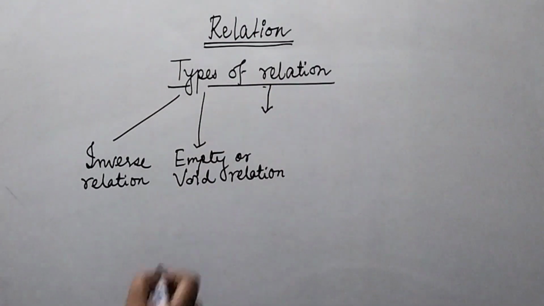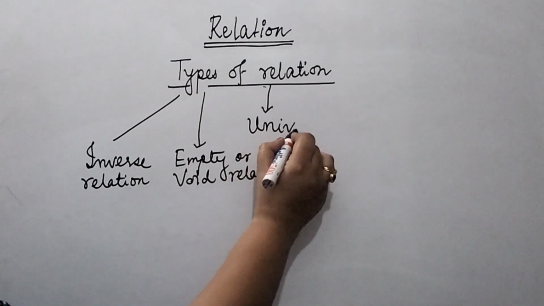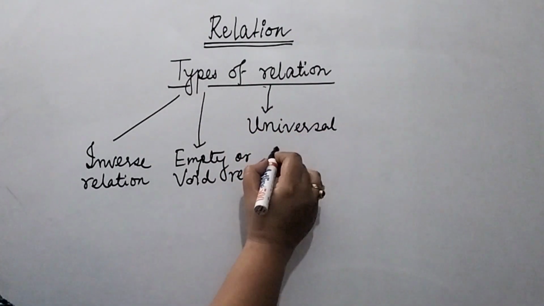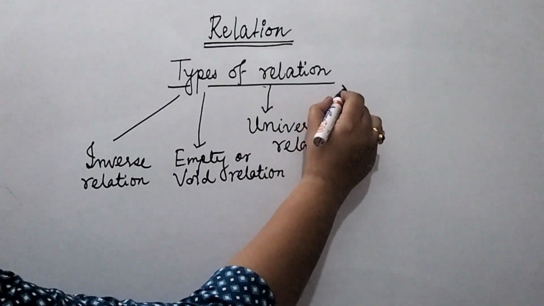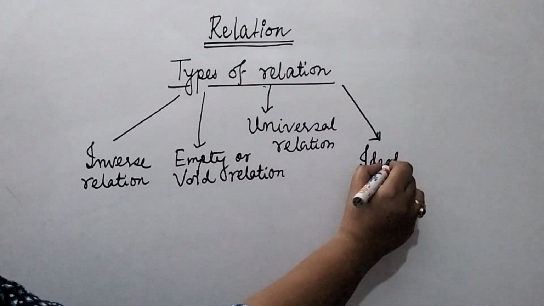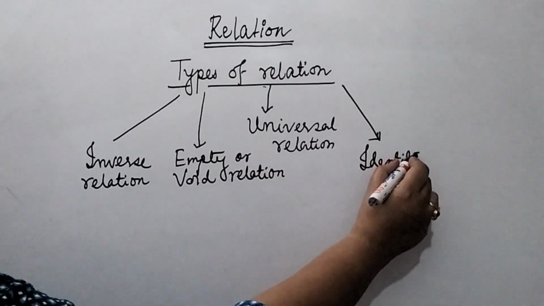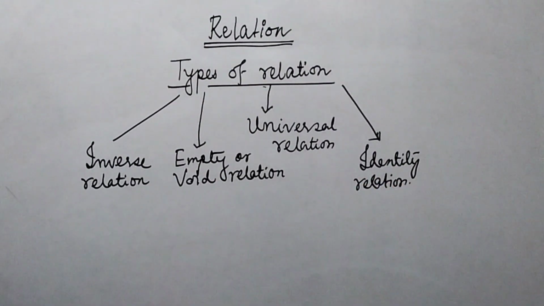The third type is universal relation. And the fourth type is identity relation. Now let's explain each and every relation one after another.